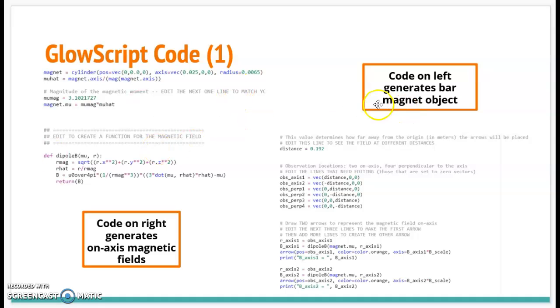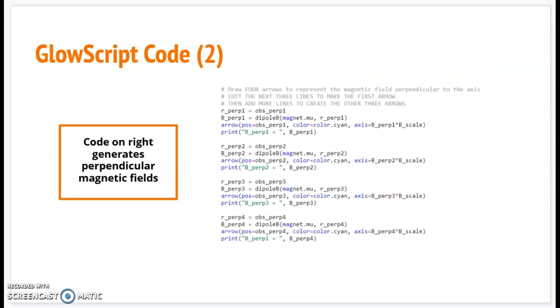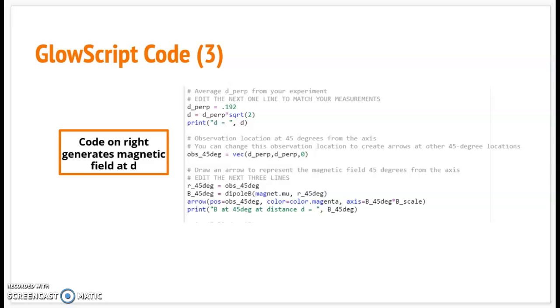And now to find the hypothetical magnetic field at the distance, we first generated the dipole shown here, and then we generated the magnetic fields both on axis and perpendicular. And then also at D, we generated a magnetic field there.